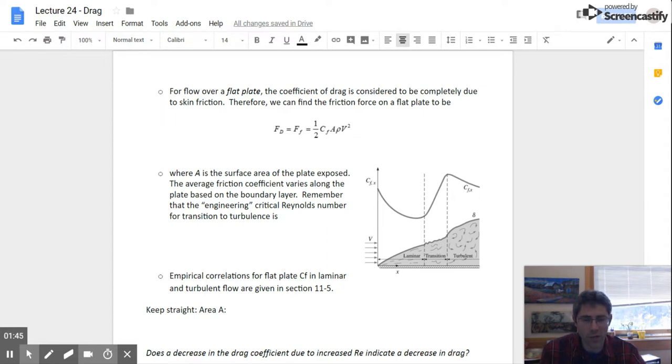If we want to know where this transition to turbulence is going to occur, we have this engineering critical Reynolds number, which is 5 times 10 to the 5th. A little bit different than the transition to turbulence Reynolds number we talked about for pipe flow.